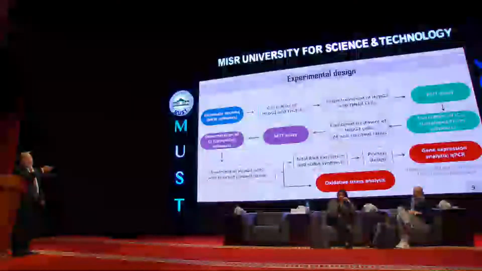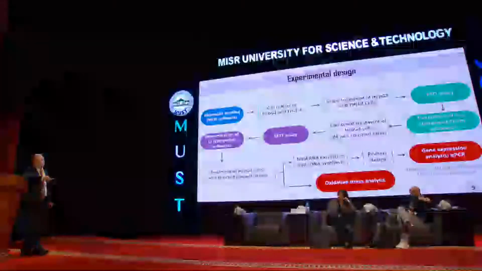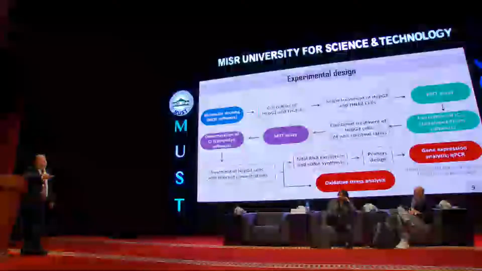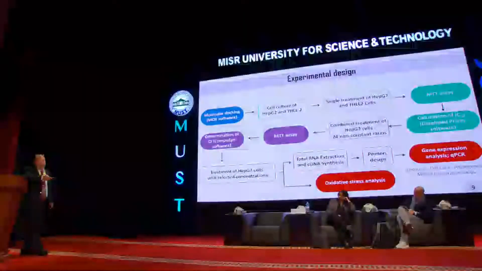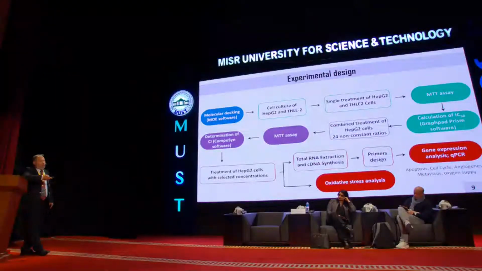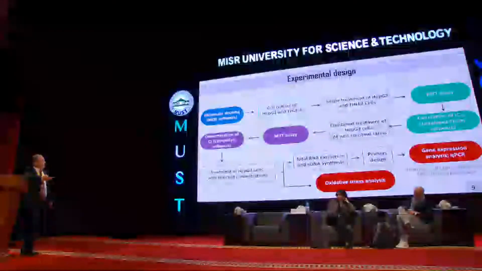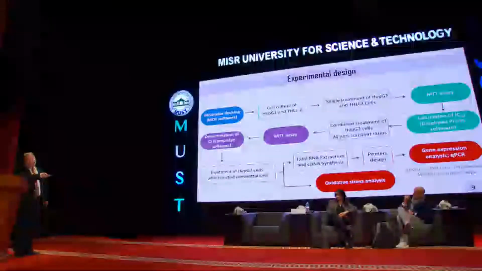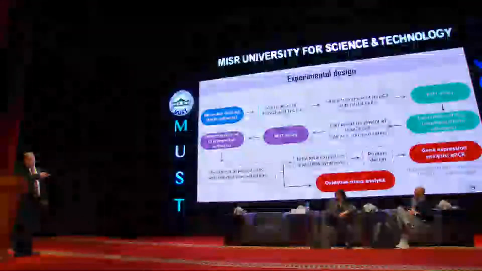And we chose to do some combinations, 24 non-constant combinations, depending on the data from the first experiments with single cytotoxic effect. And we usually used the CompuSyn software for estimation of the combination index.